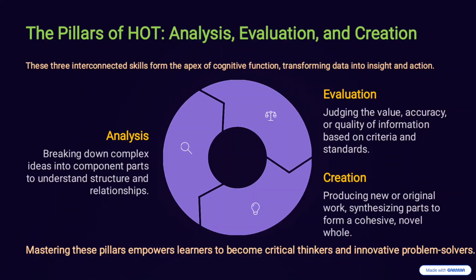The third one is creation, producing new or original work, synthesizing parts to form a cohesive, novel whole. So, mastering these pillars empowers learners to become critical thinkers and innovative problem solvers.